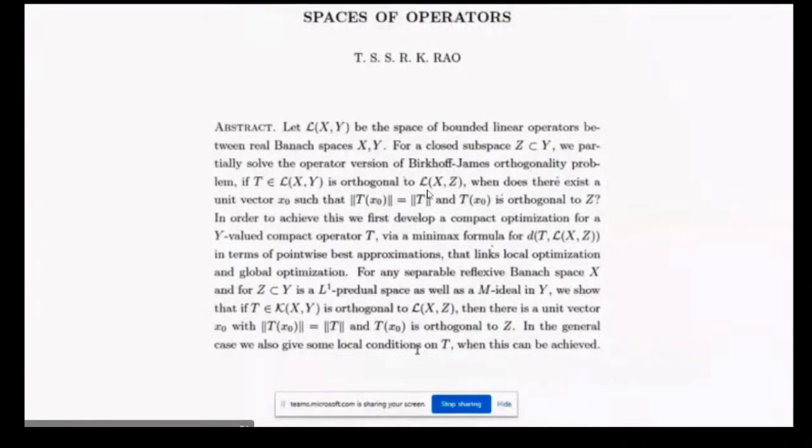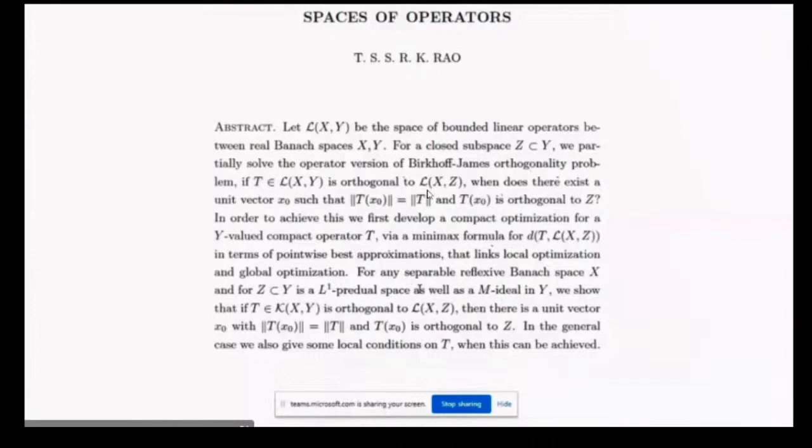The orthogonality here should imply for some vector x0 where the norm is attained, T of x0 is orthogonal to Z. So in order to achieve this, as you can see, since this is a supremum, and when you reinterpret orthogonality, you will see that it's actually an infimum problem.